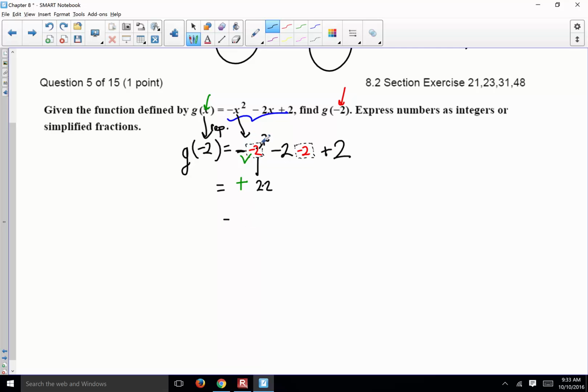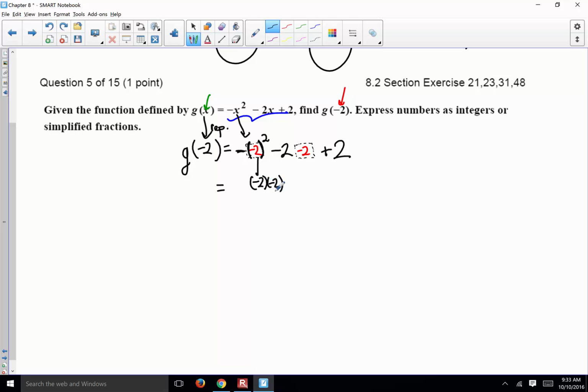There is a reason I drew this box. This is the location where X was. Now under this location, there are 2 terms replacing X. Minus and 2 came together. If there are 2 items coming under an exponent, you need to put parentheses and square both minus and 2.